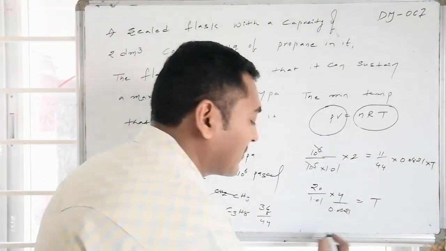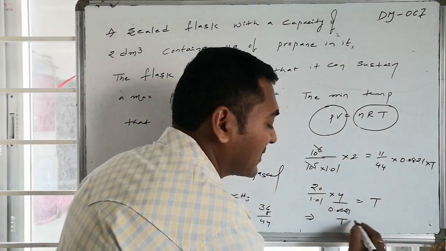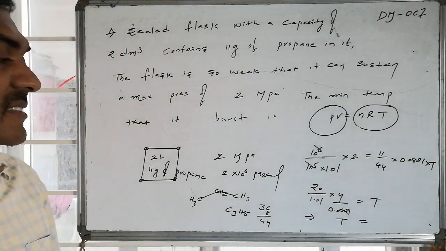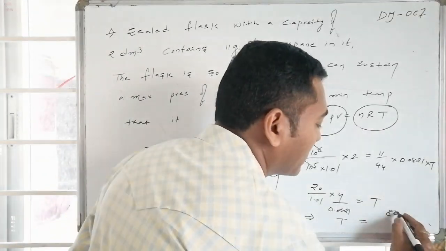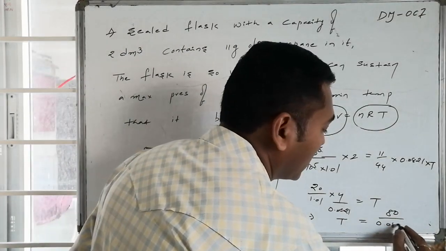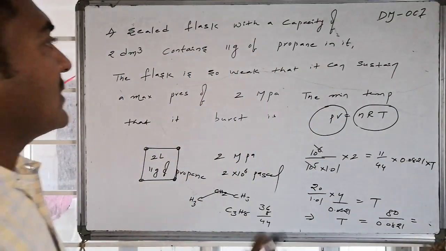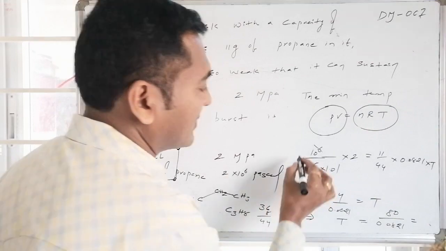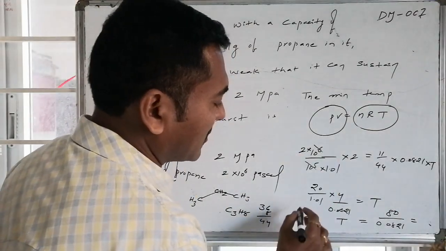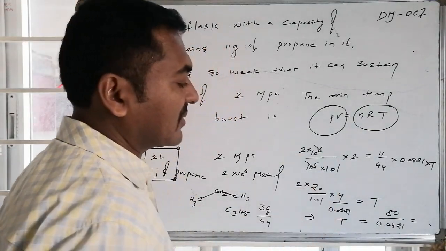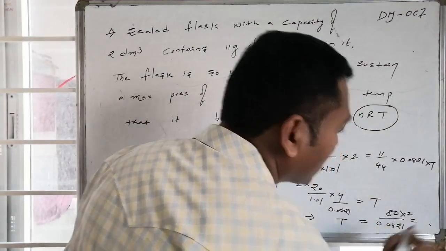The calculation results in approximately 80 divided by 0.0821. Here it is given as 2 megapascals and it is into 2, so this will become another 2.